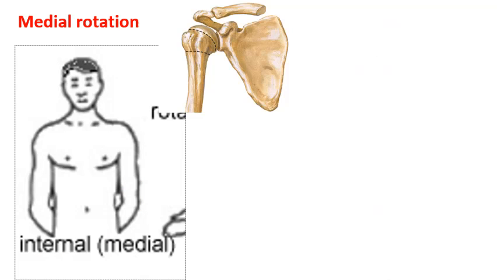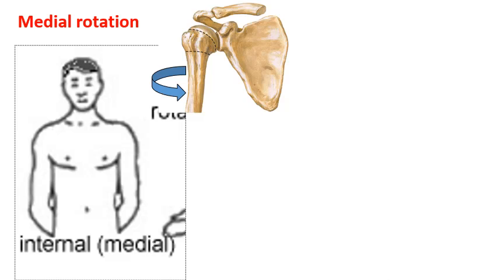Another movement of the shoulder joint is medial rotation. What is meant by medial rotation? If you try to put your arms behind your back, like in the picture, what happens to the humerus? The humerus will rotate inwards, or medially, towards the midline of the body. So this is medial rotation of the humerus.